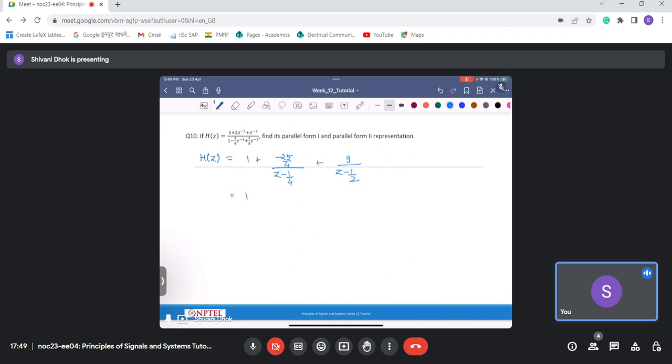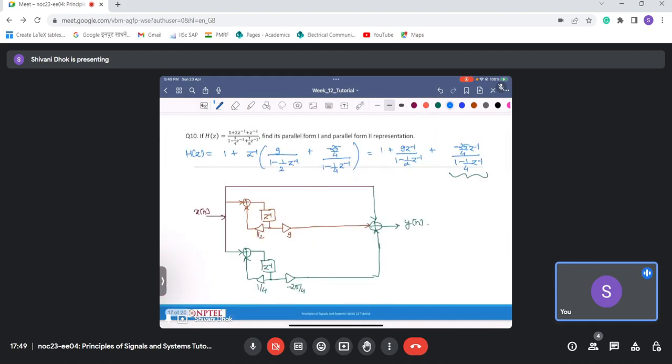This I can write as 1 plus minus 25 by 4 z inverse upon 1 minus 1 by 4 z inverse plus 9 z inverse upon 1 minus 1 by 2 z inverse. So if you compare this equation and the one which we had used for direct form 2, it is the same thing.